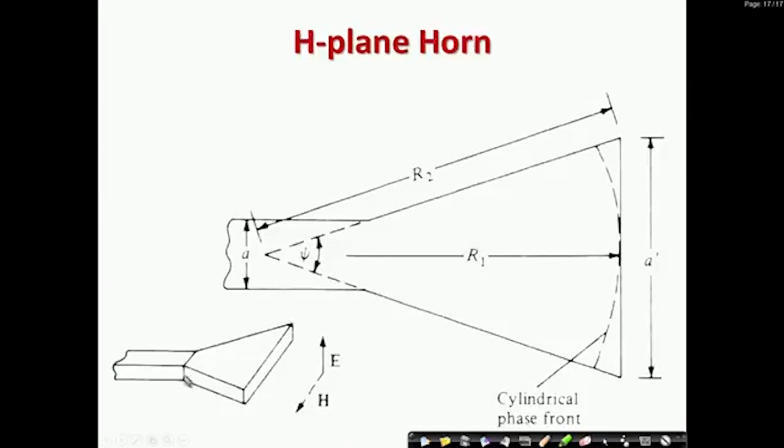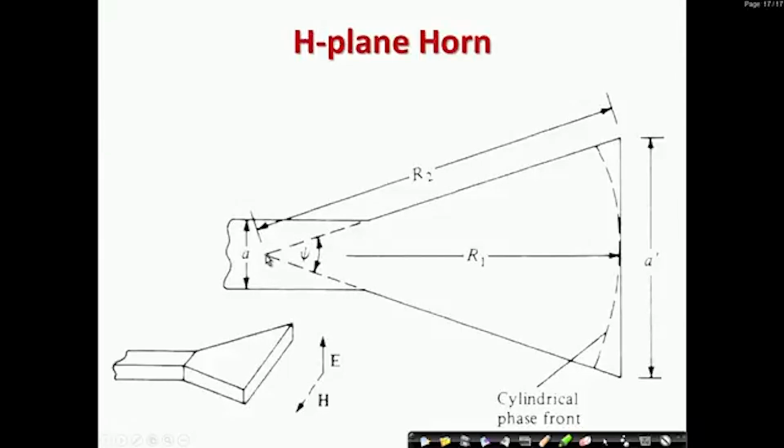So, if that gets flared, you see that this one is getting flared in a horn. This is called H plane horn. This is the top view. If you see the side view, the rectangular waveguide has its broader dimension A. Now, suddenly from here it is getting flared. That flaring is done by an angle, and if you project these two lines, they meet at a hypothetical point.